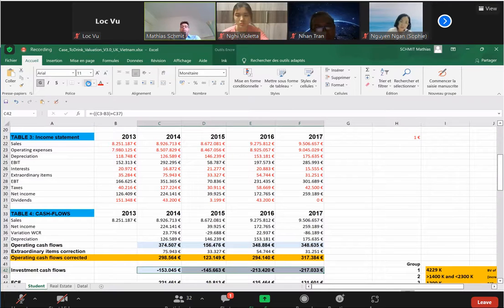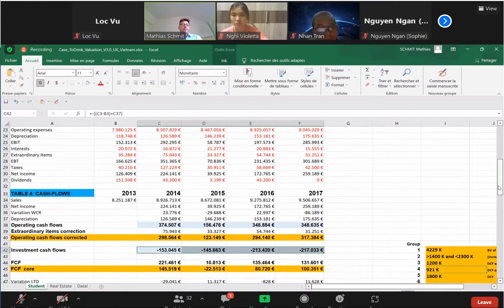You have some of them on Caroline. The investment cash flows consist of the variation of the fixed asset plus the depreciation. And then I have my free cash flow, which is the operating cash flows plus the investment cash flow.